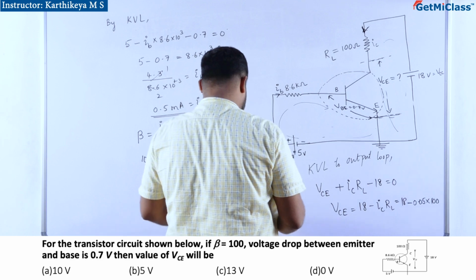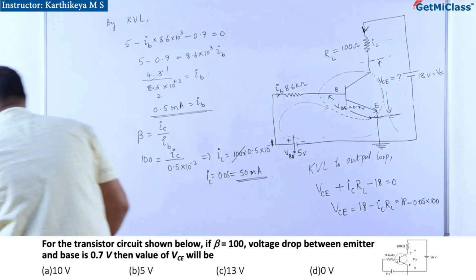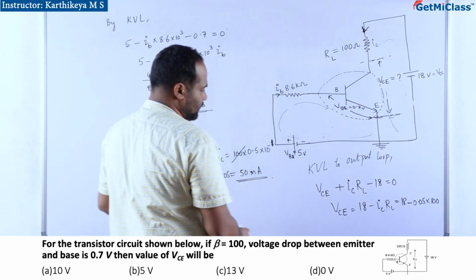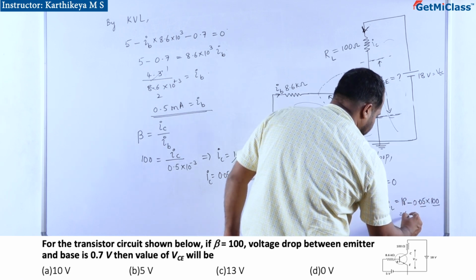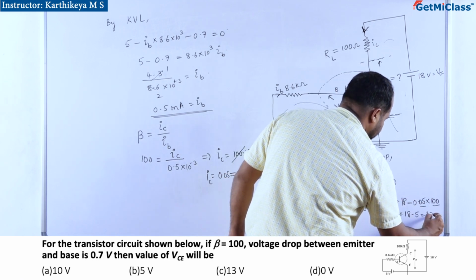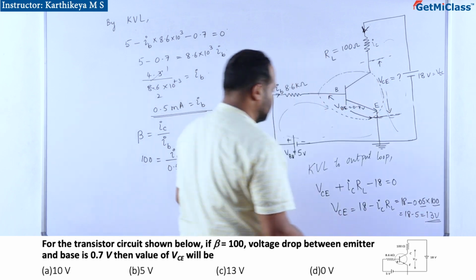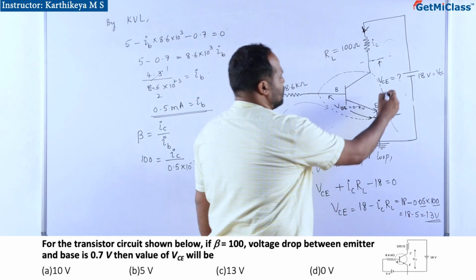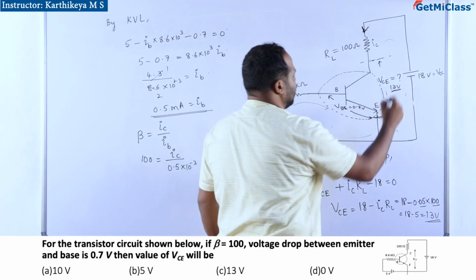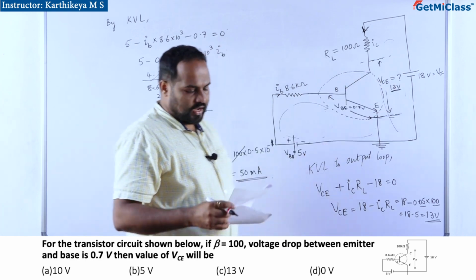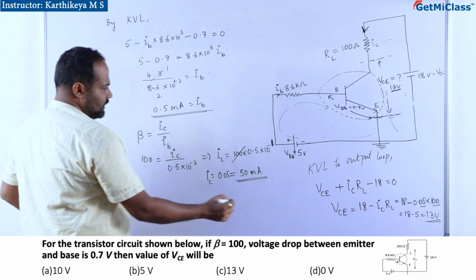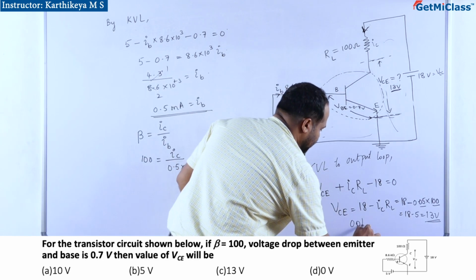Now when we calculate, it is 18 minus 5, that is 13 volt. So the voltage drop across the emitter and collector is 13 volt. Hence option C is the right answer.